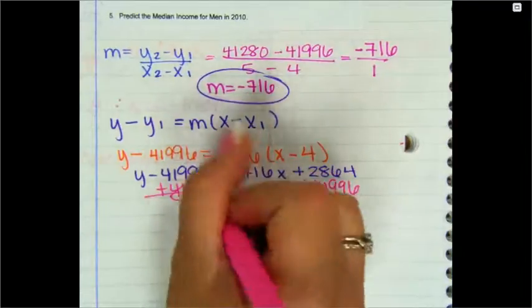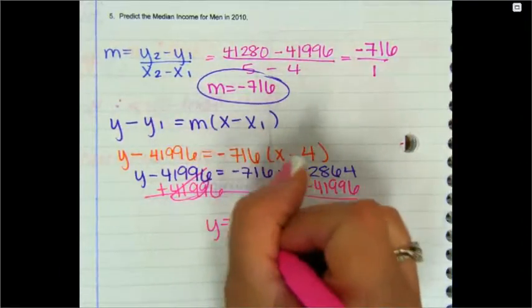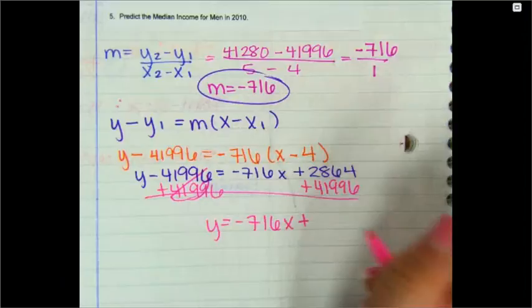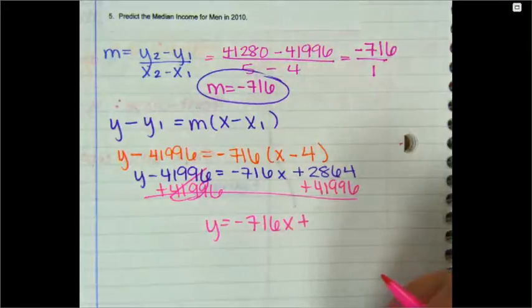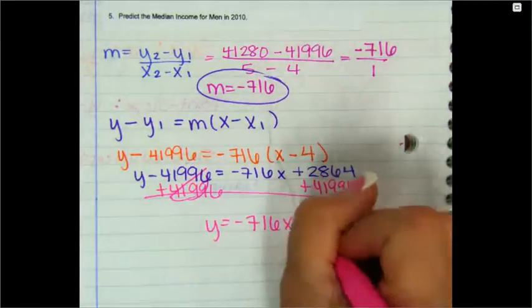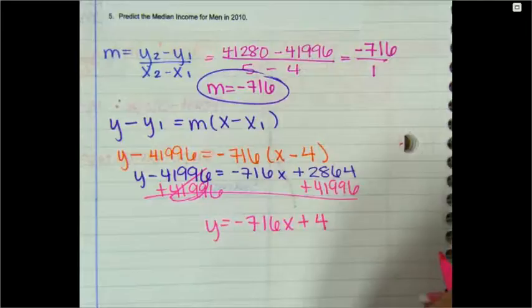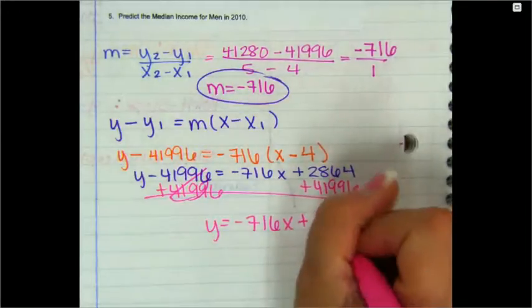Someone do that for me. So I get y equals negative 716x plus, bless you. What is it? 40,000. $44,860.